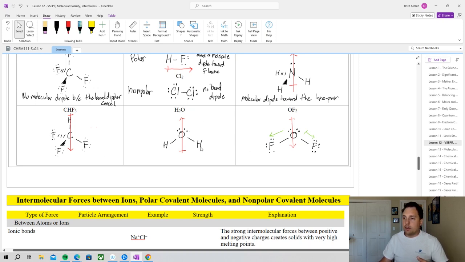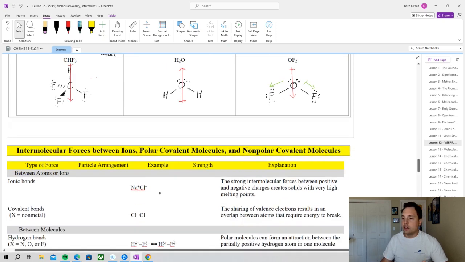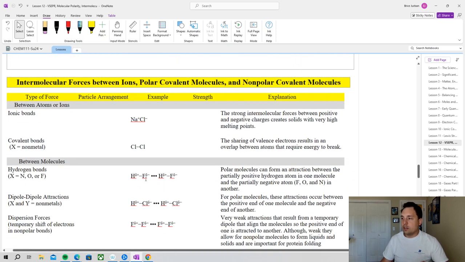What we've been talking about so far are the bonds that occur within a compound or molecule, like an ionic bond and a covalent bond. But there are these forces that exist between molecules that are intermolecular, not intramolecular, and they cause a lot of the properties that we're interested in. And so let's look at the differences here.